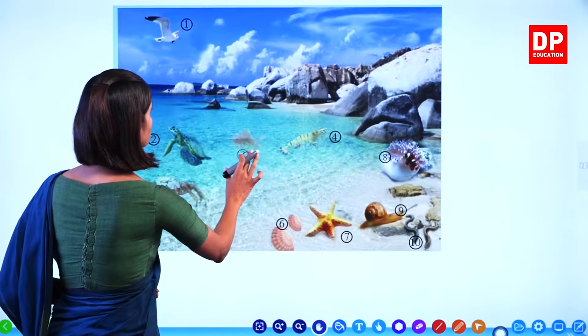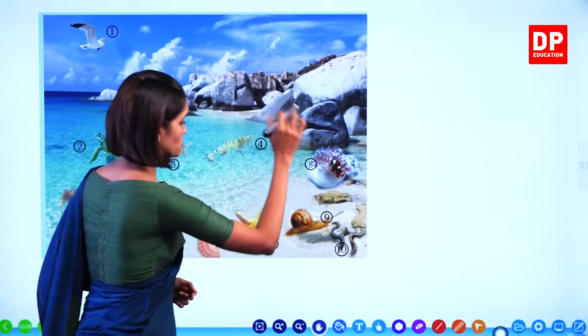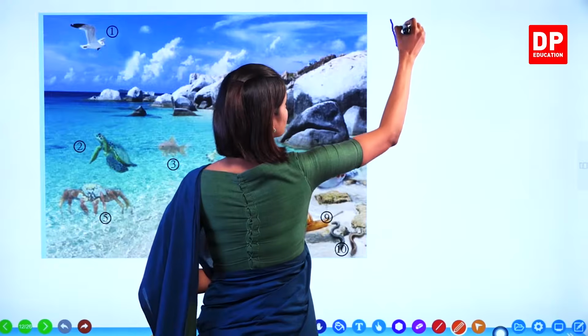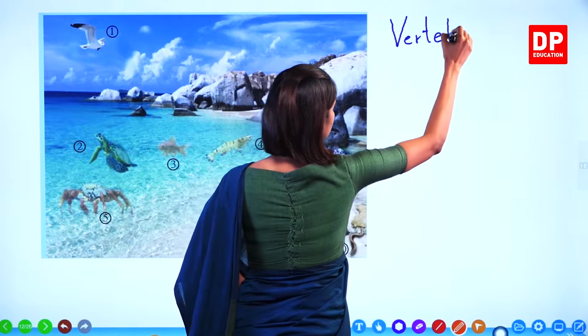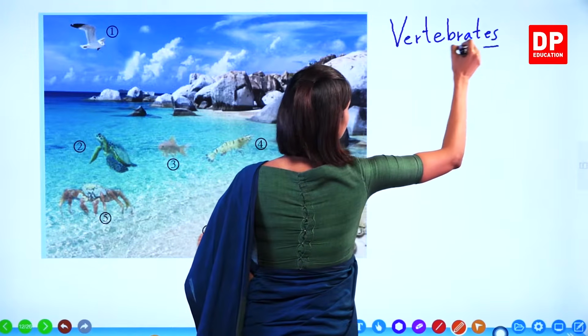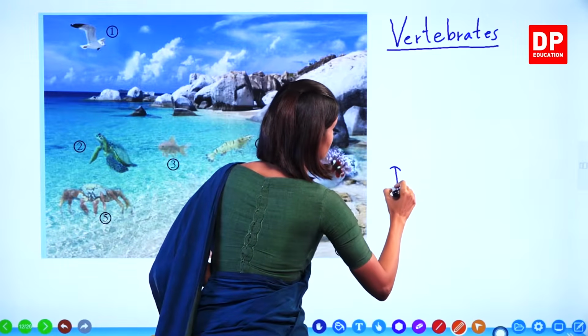I will move this picture here so that I can use that space to write. And I'm going to write the vertebrates first, right? And then invertebrates.